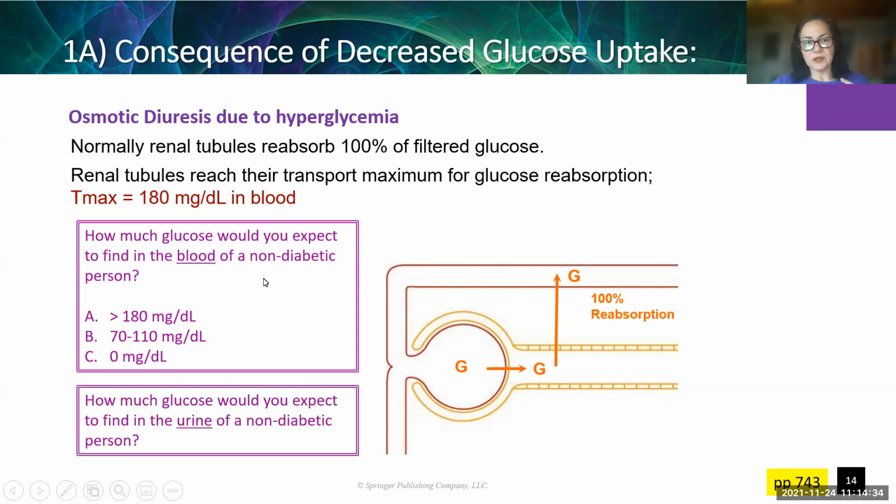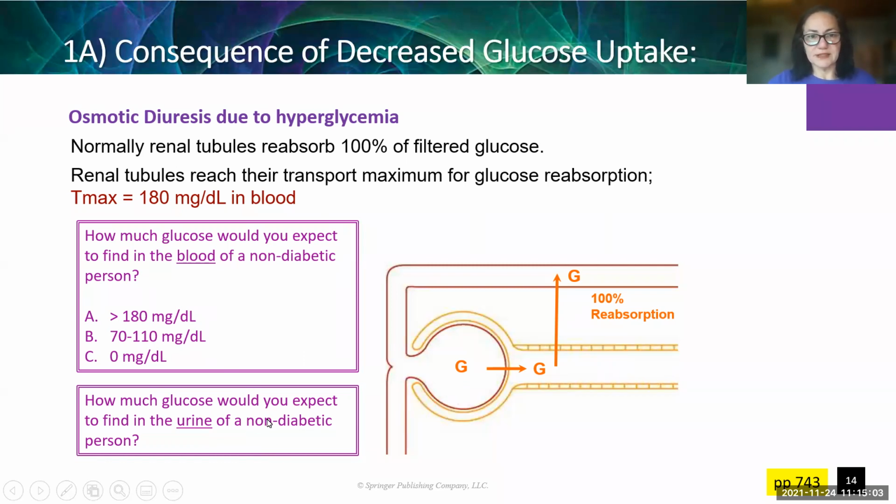And then when I ask my undergrads, how much glucose would you expect to find in the urine of a non-diabetic person? Well, since their blood glucose should be in the normal range, some of it will come out into the filtrate and all of that should be reabsorbed. And so we should see 0 glucose in the urine.